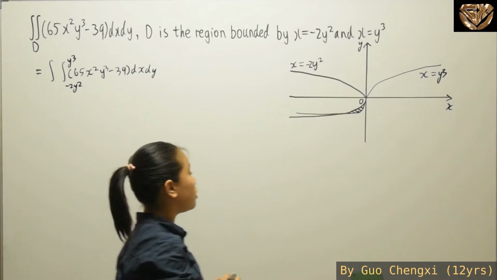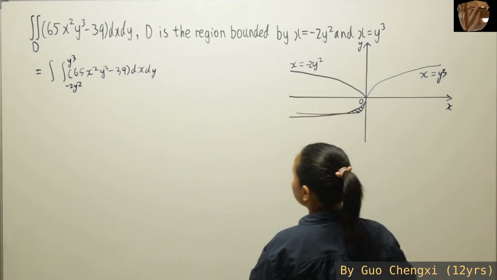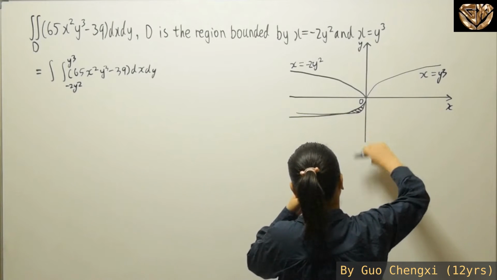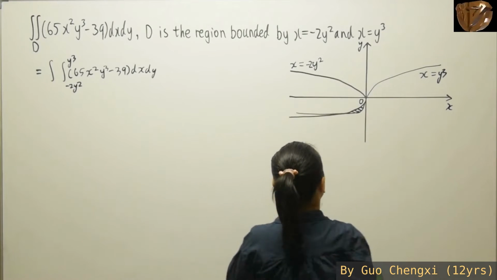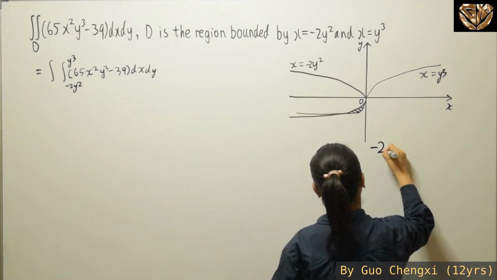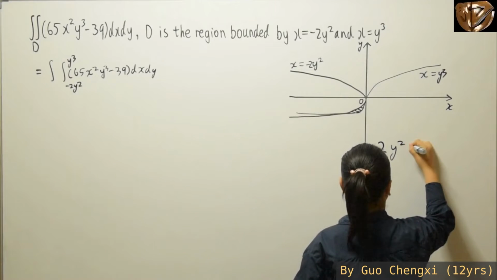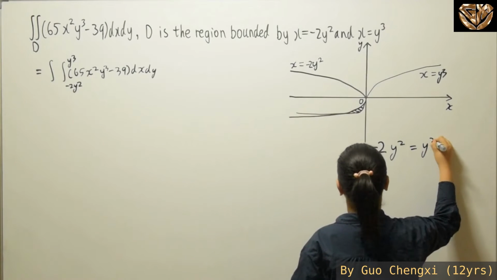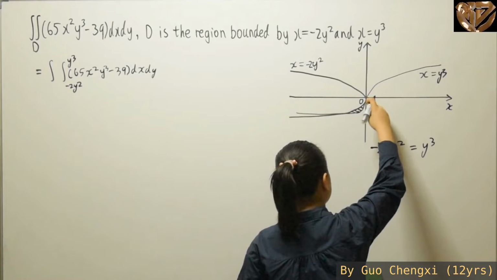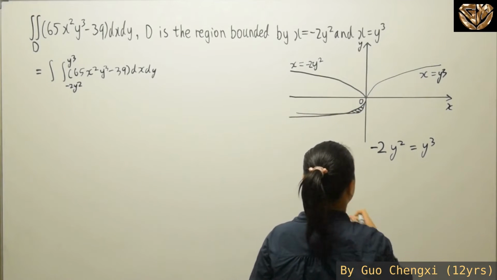For y, we find when negative 2y squared equals y cubed, because there are two points where they intersect.